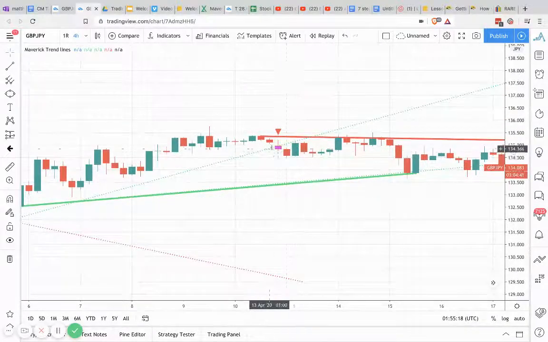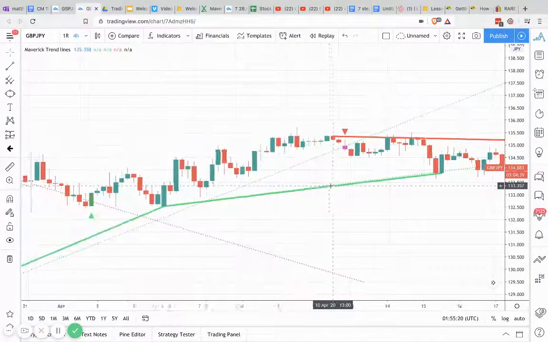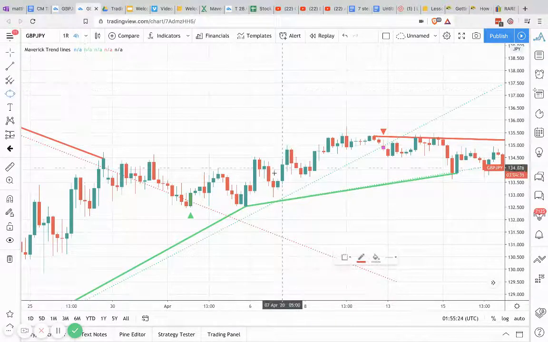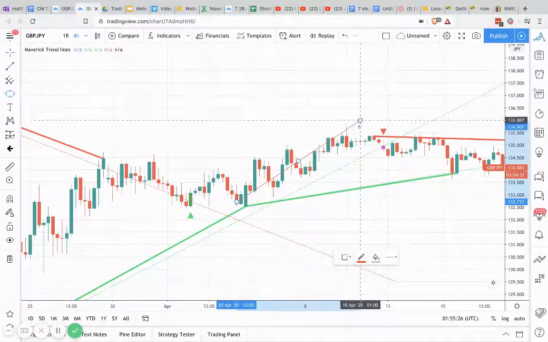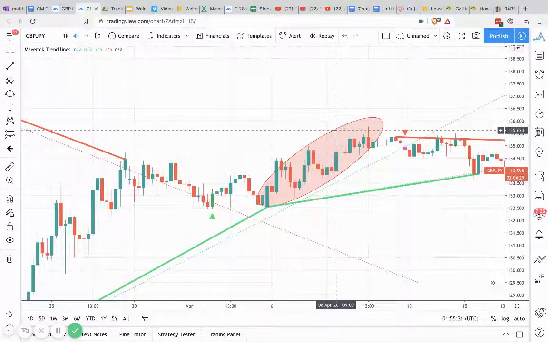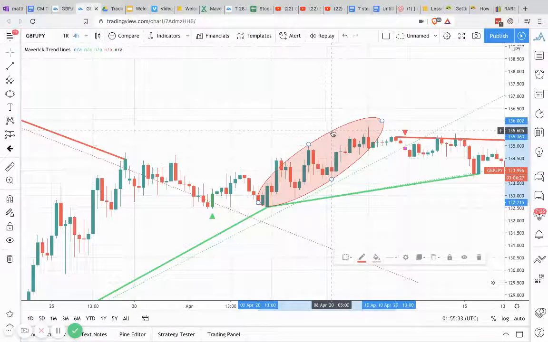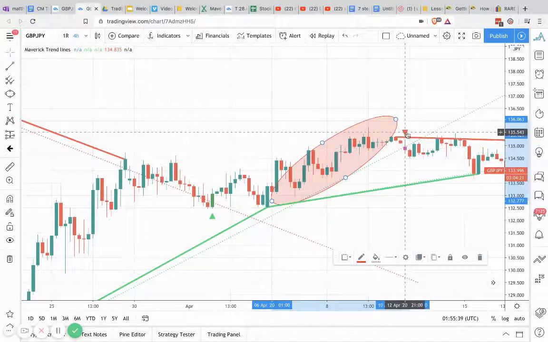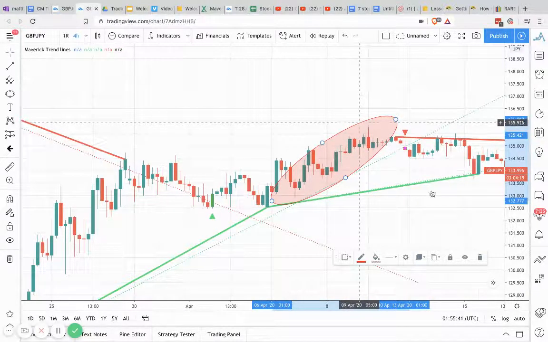Hopefully that makes sense. So again, price is all this area here. Here, let me grab this again. This entire area here, price is staying above that green uptrend line. This entire area here. And then right here, that's when it breaks it, and that's when we get that red arrow.